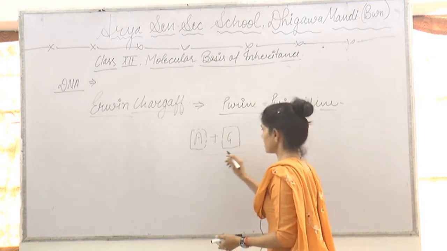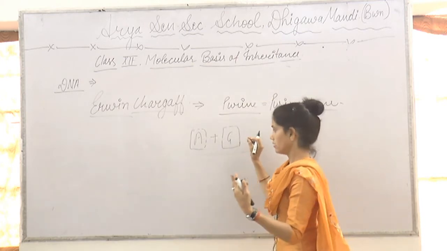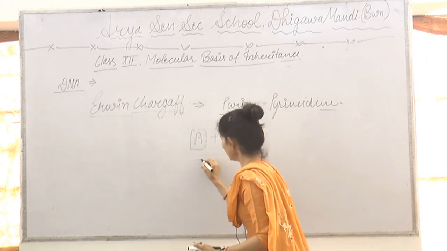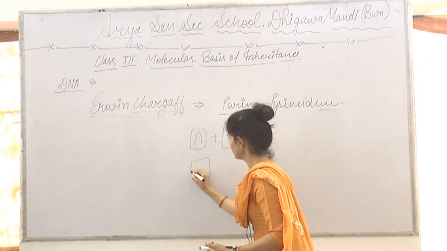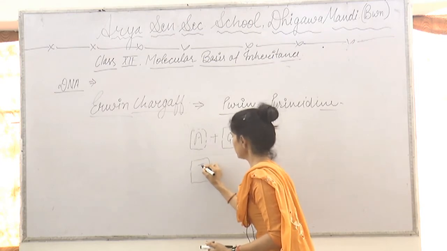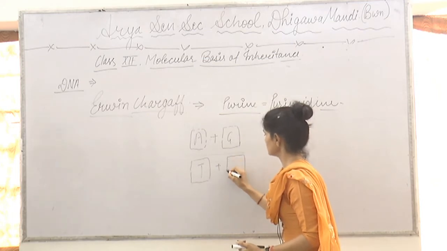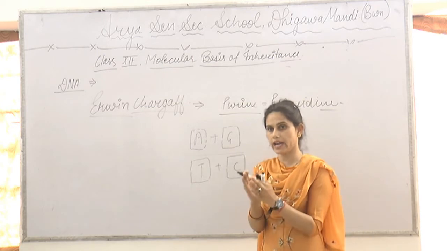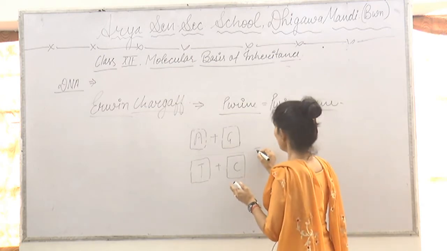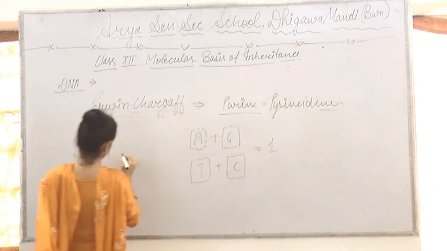Both adenine and guanine are purines. And these always pair with thymine, plus cytosine. The ratio of purine and pyrimidine is always 1. This is Chargaff's rule.